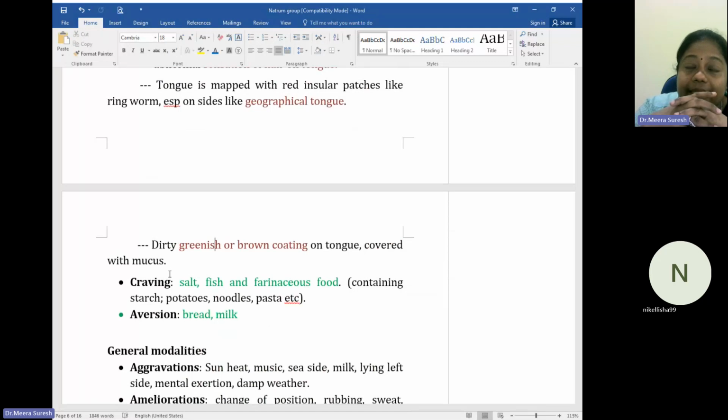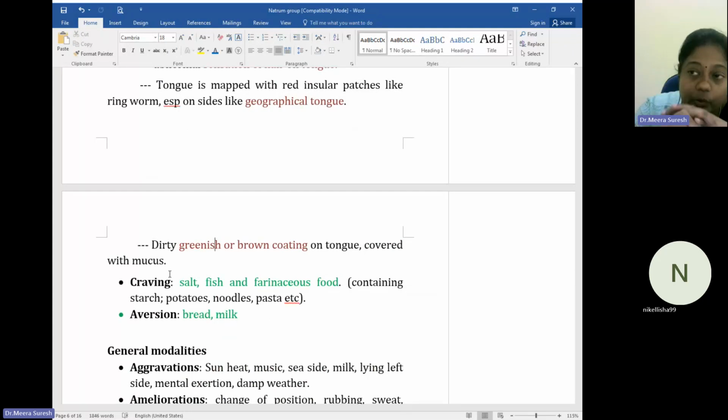In case of Natrum phos, the tongue will have a golden creamy coating, like a honey color or a cream color. And if it is very dark brown, it is more suited for Natrum sulf. A dirty brown, dirty green, or dark green is Natrum sulf.